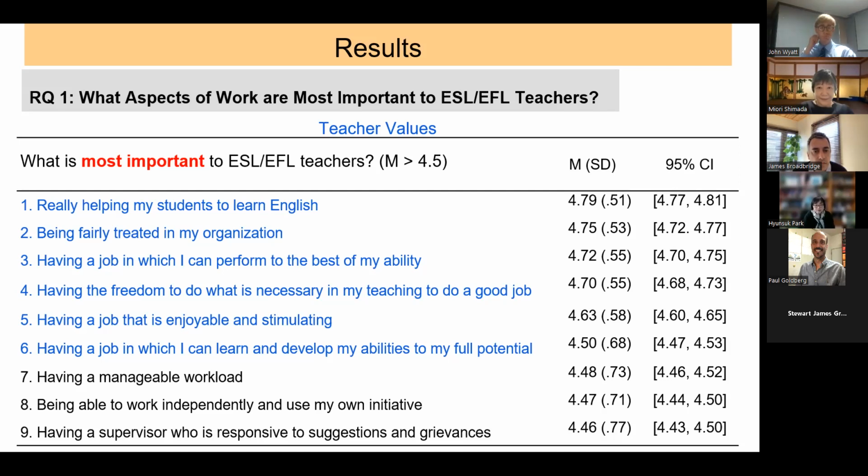In the original study, 15 out of 36 items received an overall mean of 4.5 or higher. Despite the slightly different rankings, the same items are ranked as the top 6 in both studies, as indicated in the blue ones.